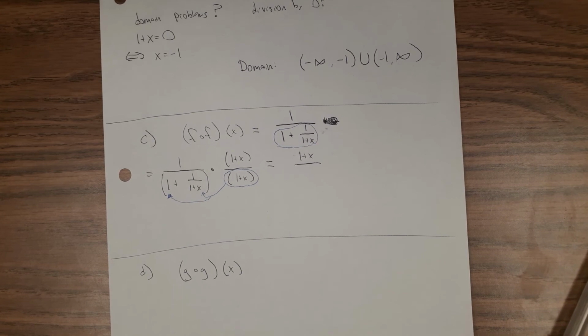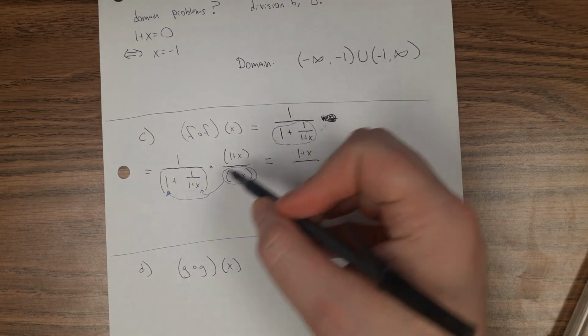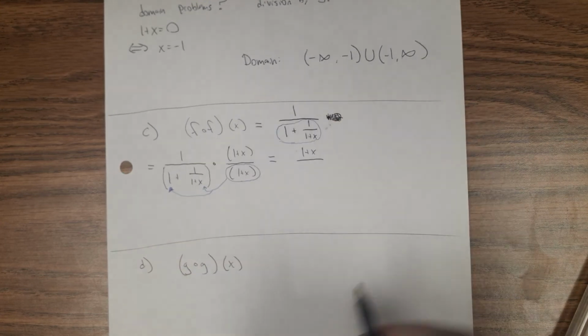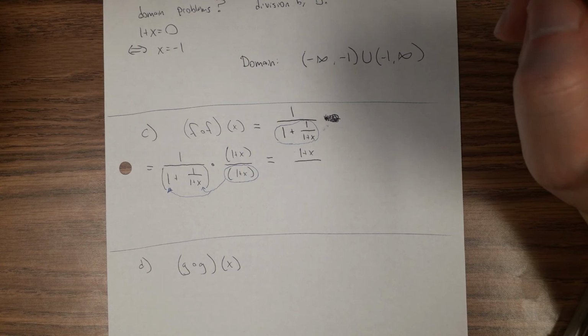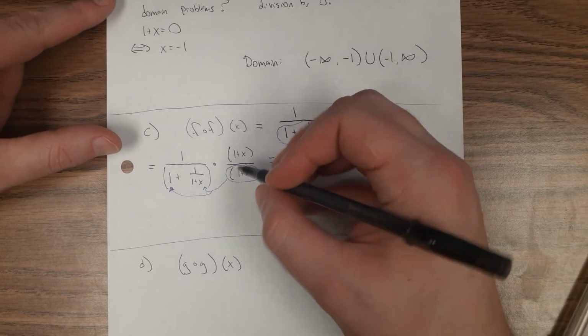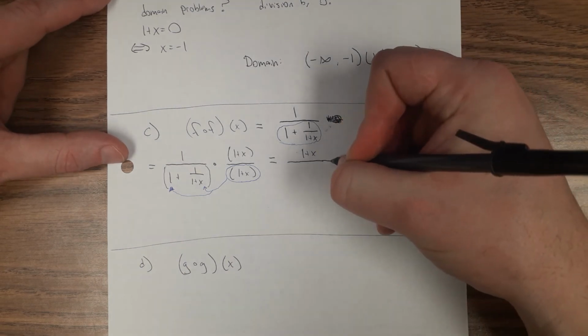I'm emphasizing this because it's easy to make a mistake. It's easy to make the following mistake. I'll just cross this off, and then say, well, 1 plus 1 is 2, so the bottom is now just 2. That would be a mistake. Let me show you how to do this properly.